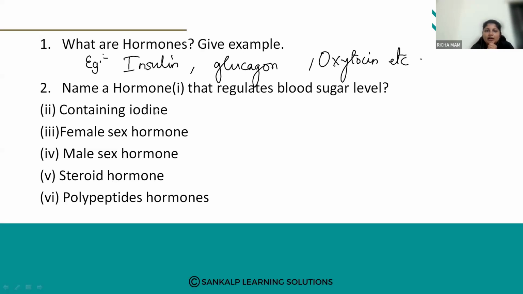Next one, name a hormone. Here they can ask you any one of the hormones, give you its function, and ask you the name of that hormone. Name a hormone that regulates blood sugar level. It is insulin and glucagon.